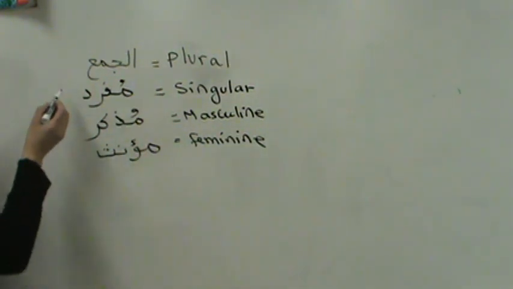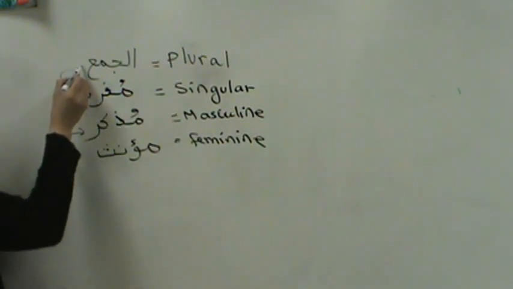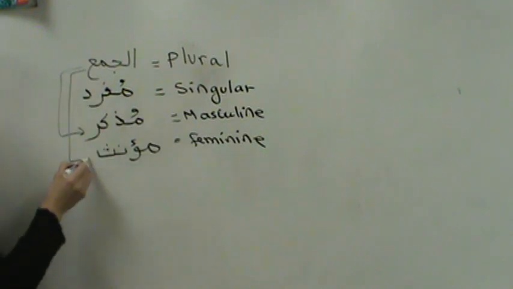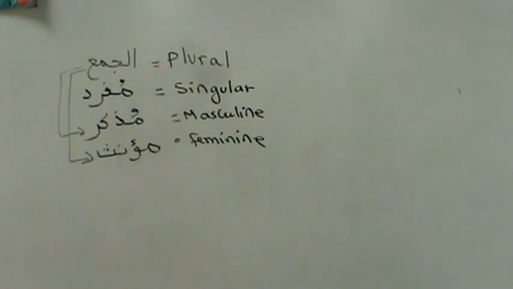If you want to say جمع مذكر, you need to go like that, or you are talking about جمع مؤنث. So here, the plural is الجمع, singular is مفرد, masculine is مذكر, feminine is مؤنث. If you want to do the plural for the masculine, you need to do جمع المذكر, or if you are talking about جمع المؤنث.